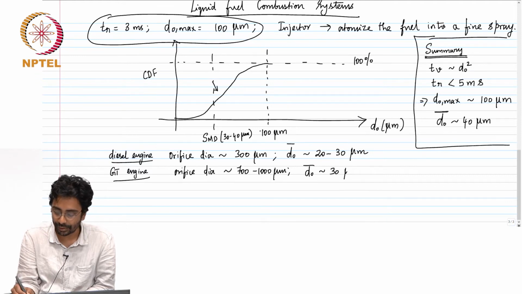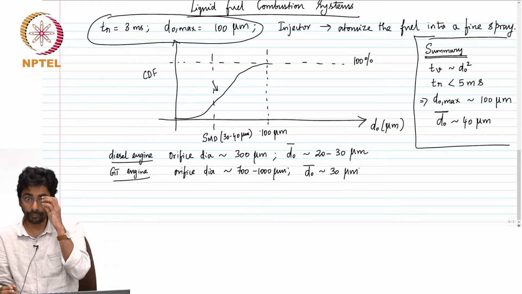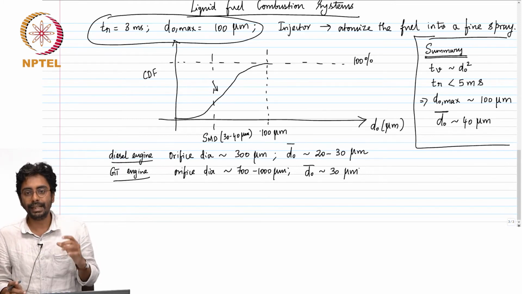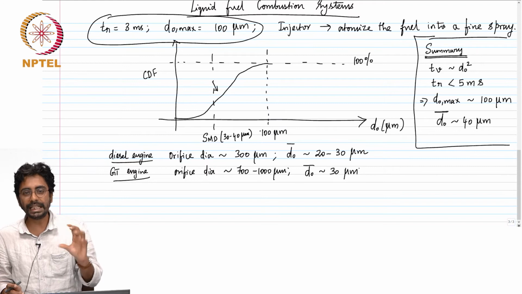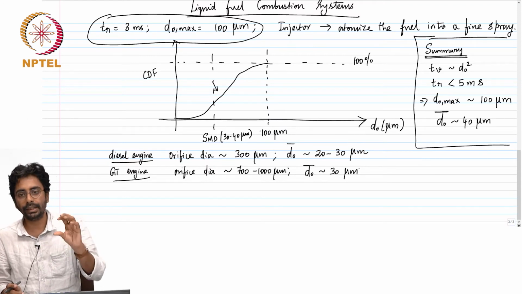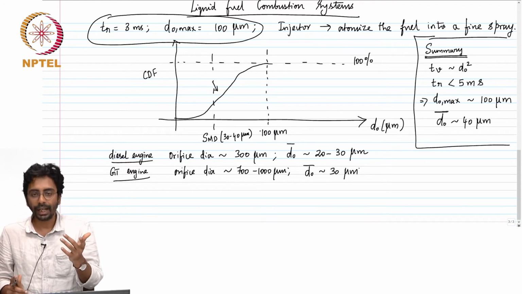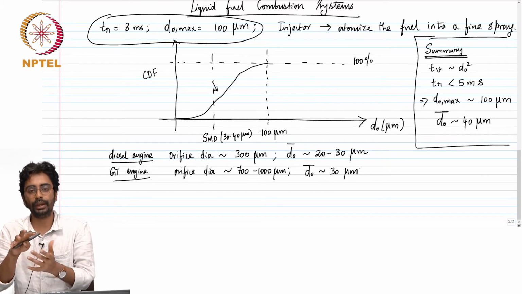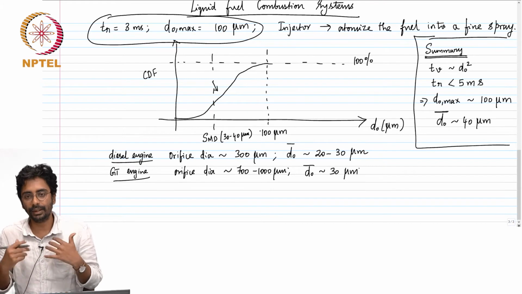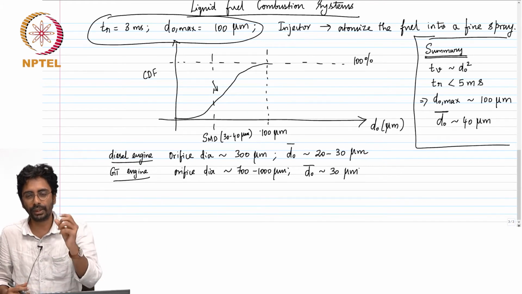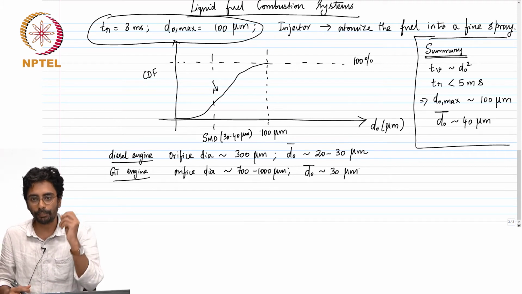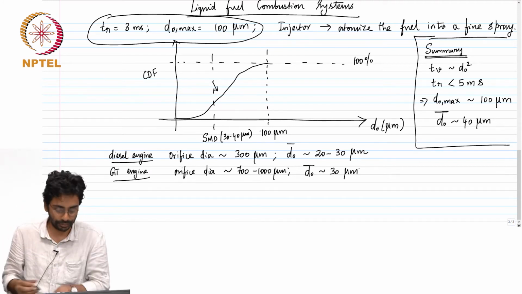The way such fine droplets are achieved in gas turbine engines is the liquid jet is converted into a thin sheet of liquid by swirling it, and then this thin sheet is broken by impinging high speed air jets on it. In that process, the sheet breaks down into droplets of very fine sizes, and this is also crucial to ensure complete combustion and minimum emissions.